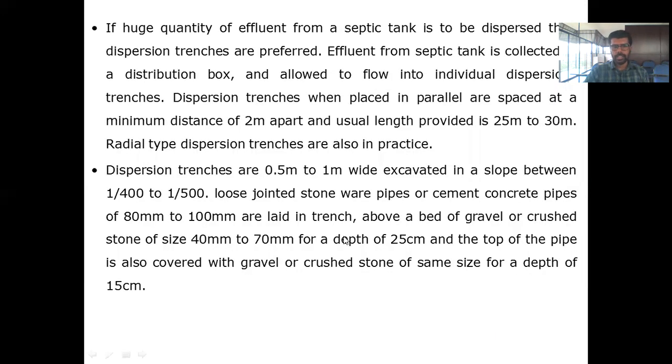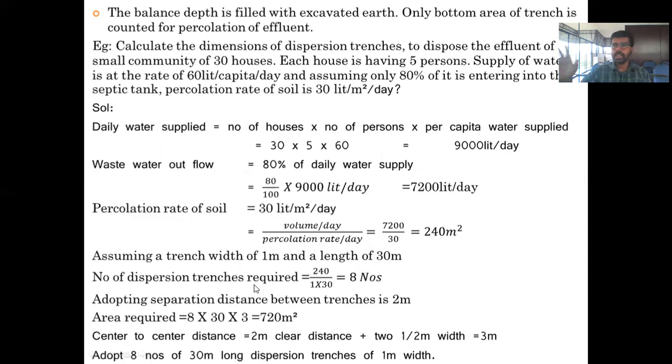That's what is written here. Loose jointed stoneware pipes or cement concrete pipes of 80 mm to 100 mm are laid in trench above a bed of gravel or crushed stone of size 40 mm to 70 mm for a depth of 25 centimeter, and the top of the pipe is also covered with gravel or crushed stone of the same size for a depth of 15 centimeter. Okay, so that is about the dispersion trench.